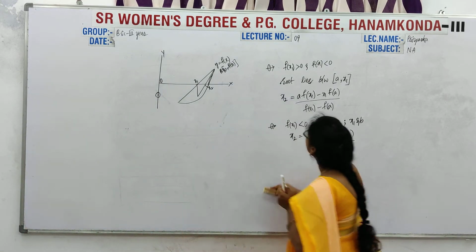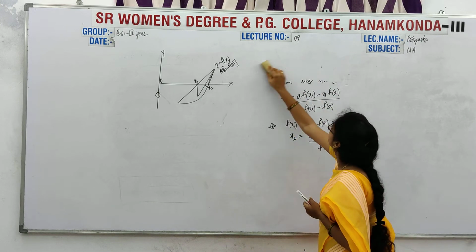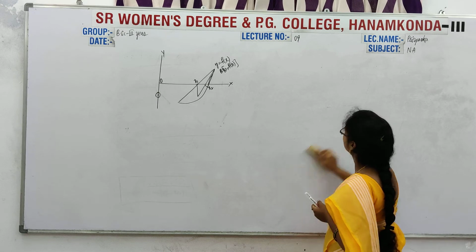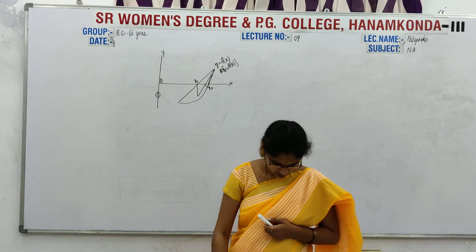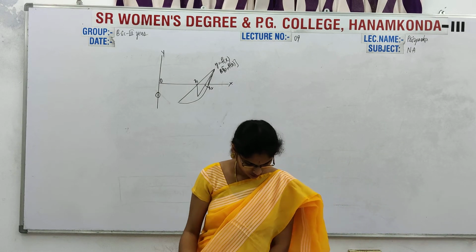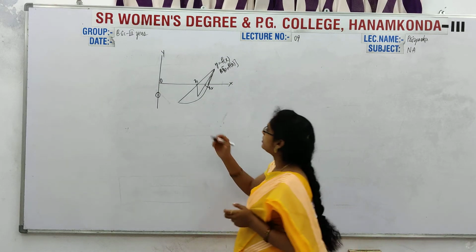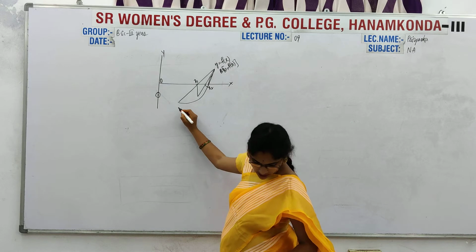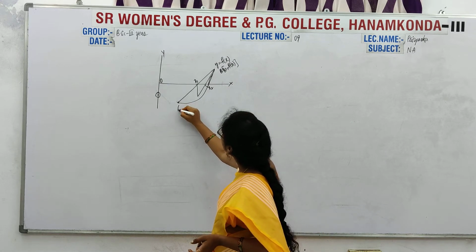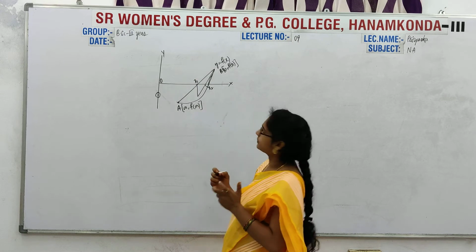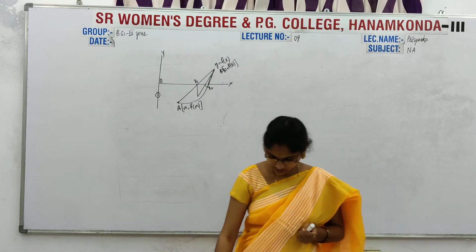Okay, you have to remember these points. And what is the zero point? This is b comma f of b, and here we will get this point a comma f of a.